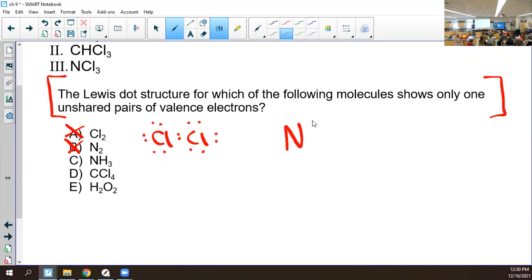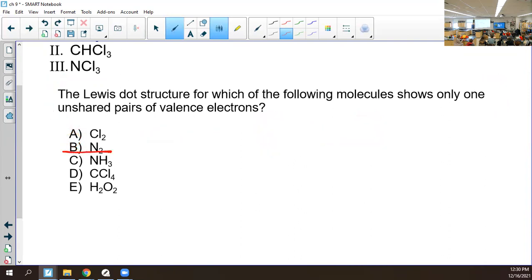If you have N2, it's a triple bond, but you still have to octet. So there's 2 that are unshared. You okay with that? Okay, so A and B are gone. Why don't you try these and see what you get?